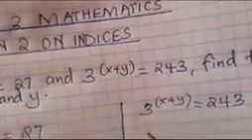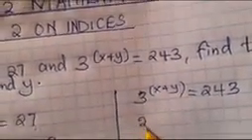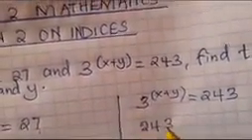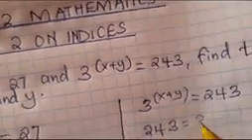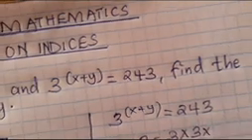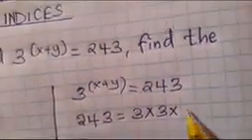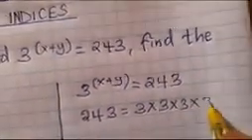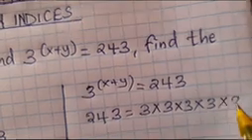You realize that when we write 243 as a product of its prime factors, we're going to have 3 times 3 times 3 times 3 times 3.